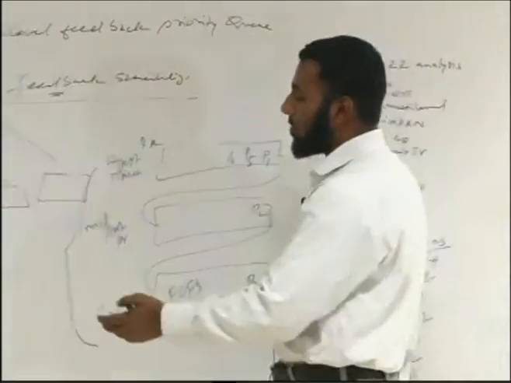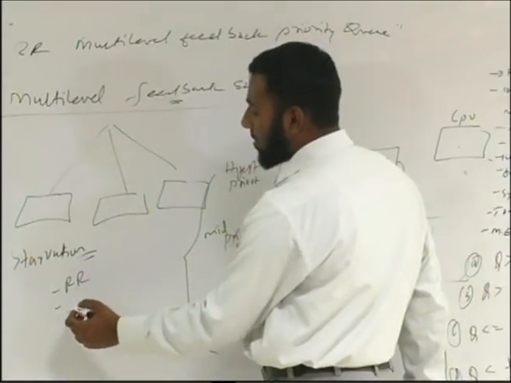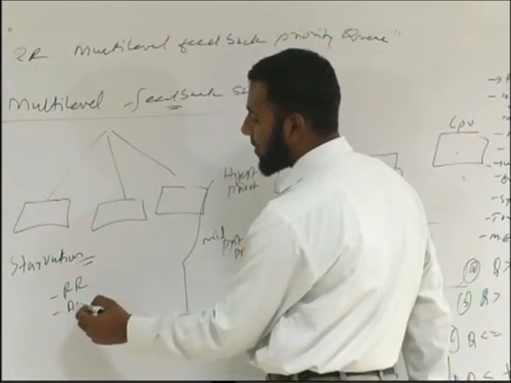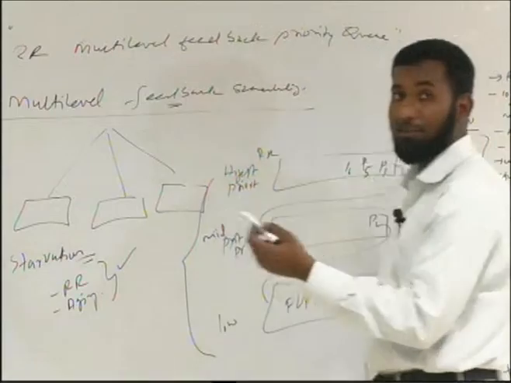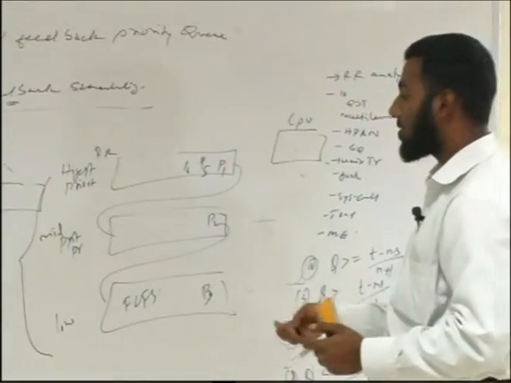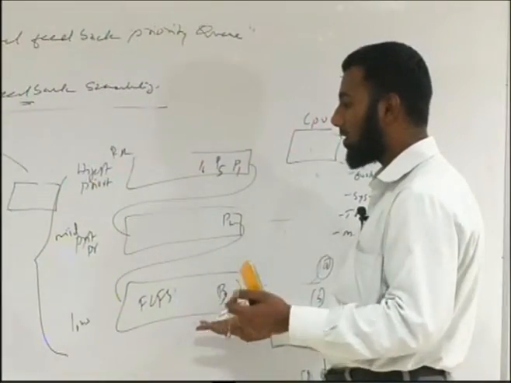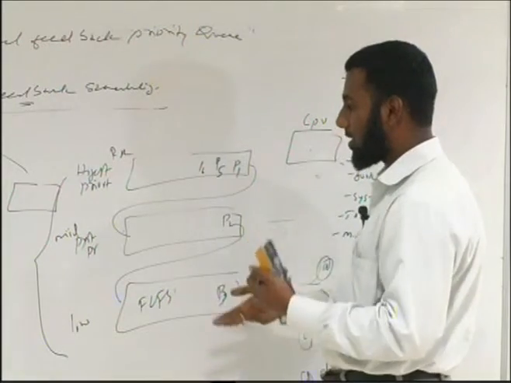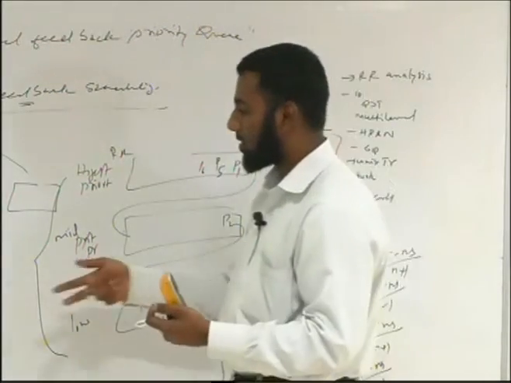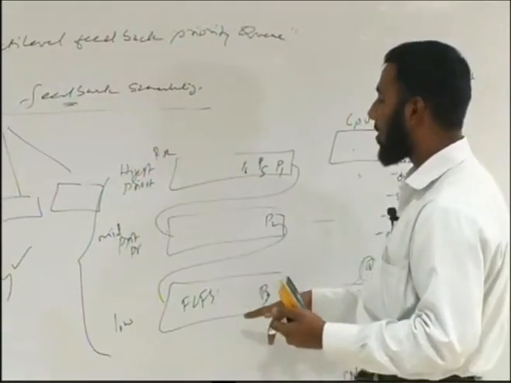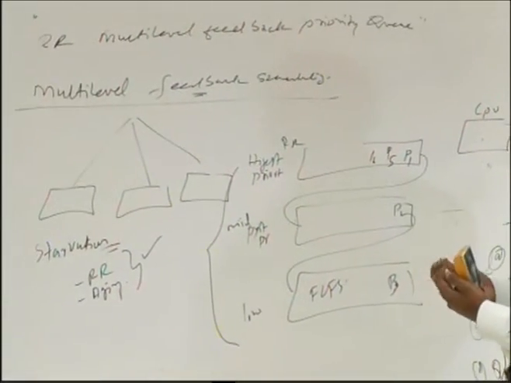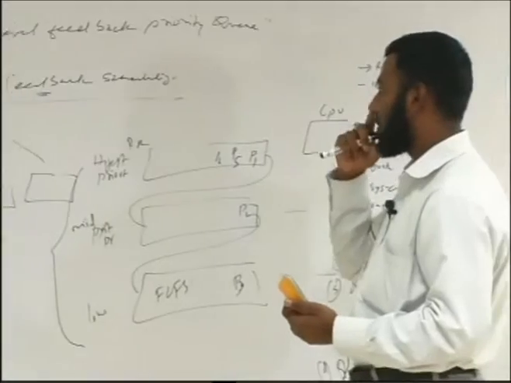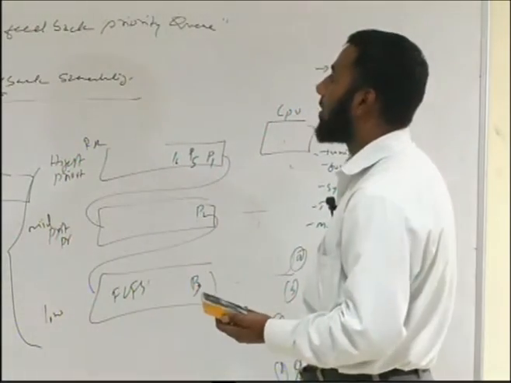And when we have round robin plus the concept of aging, it may solve the problem of starvation, because if a process goes on increasing its age, there is a possibility for this process to move to the higher priority ready queues. This is called the multi-level feedback queue scheduling algorithm.